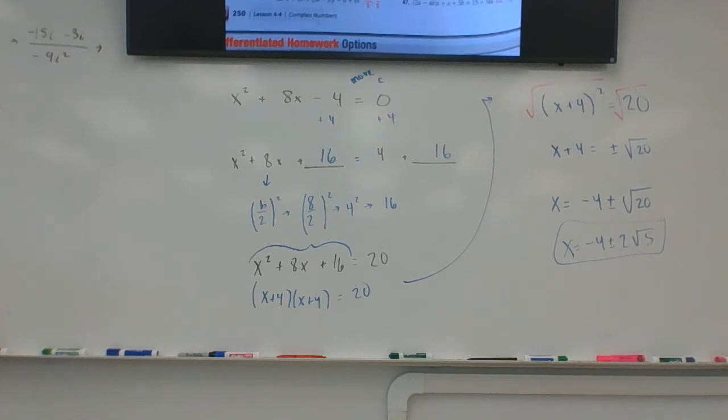I see what I did wrong there too. She divided by 3. Divided by 9 minus 3 times negative 9 times negative 1.